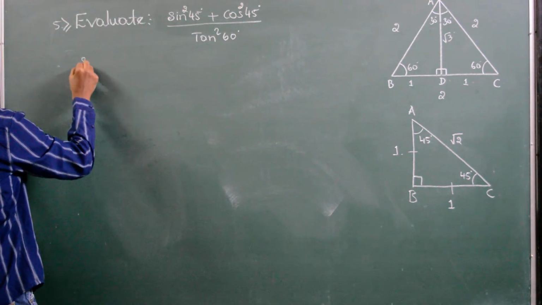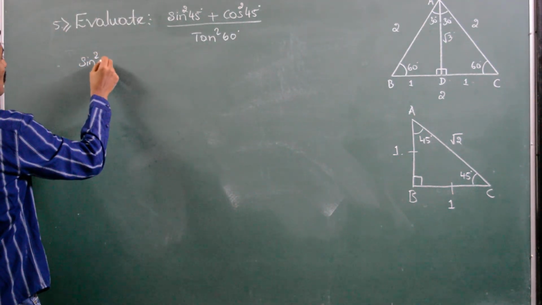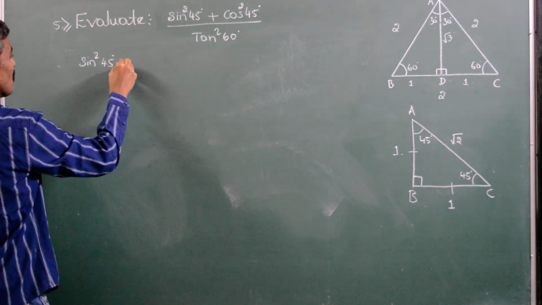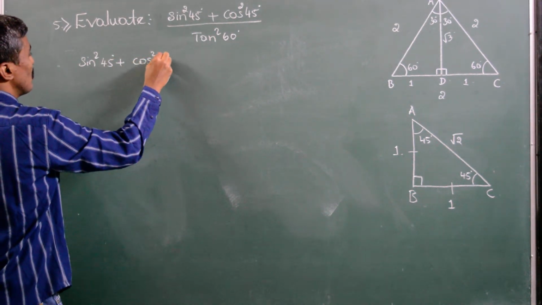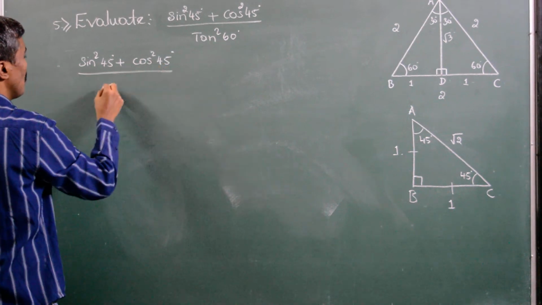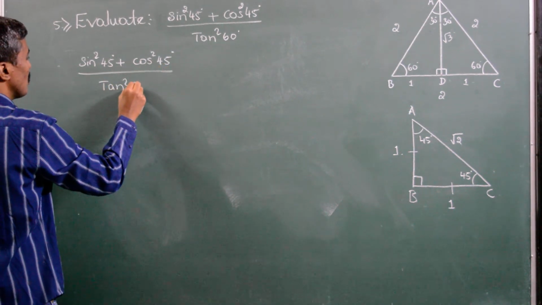I'll take the problem: sin square 45 degree plus cos square 45 degree, whole divided by tan square 60 degree.